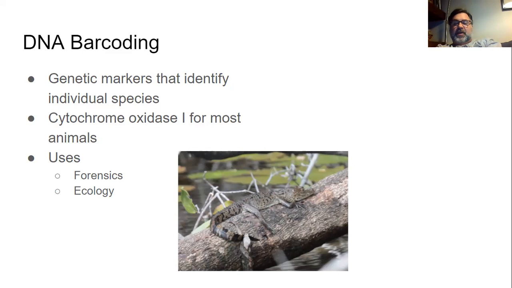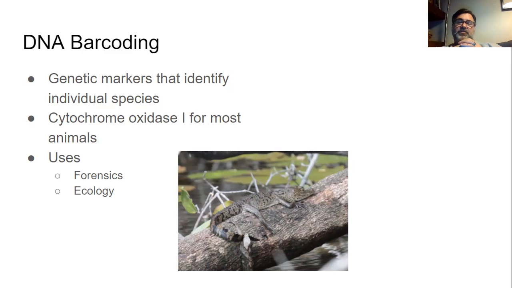Forensics. So here's a caiman in Belize. It's protected. And if you can imagine, if somebody grabbed this and made a boot or a wallet out of it, which is illegal, you'd be able to use DNA barcoding to identify what species of caiman produced that boot or that alligator.